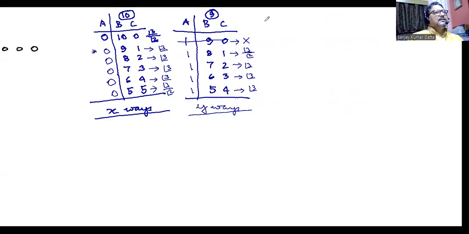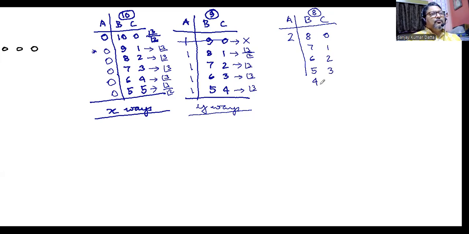Likewise, we can say A, B, C. Let us sideline A by giving him, say, 2 marbles. So 8 marbles are distributed between B and C. How? Now see, 8, 0; 7, 1; 6, 2; 5, 3; and 4, 4.